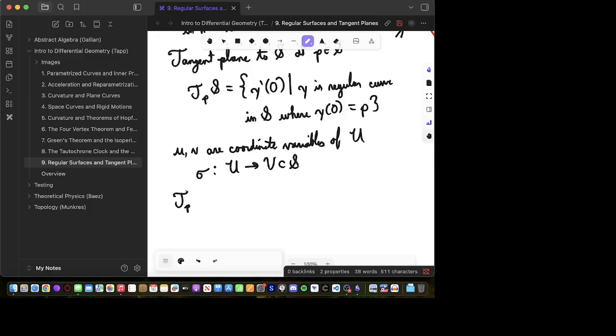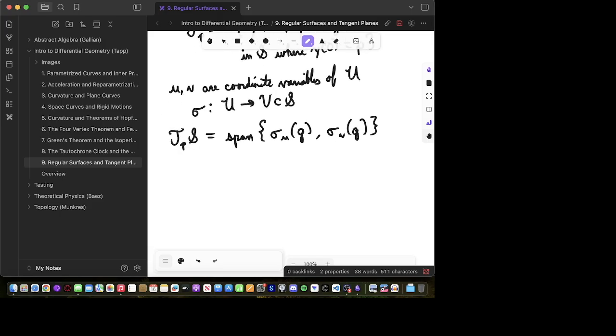Then the tangent plane at point P is equal to the span of the partial derivative of sigma at U with respect to U at Q, and the same thing for V.